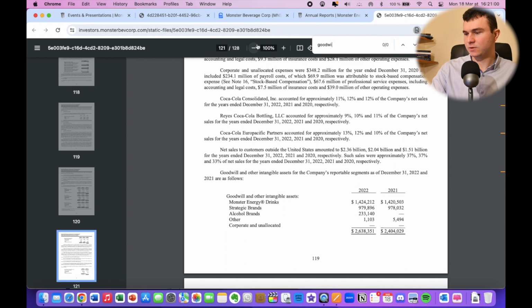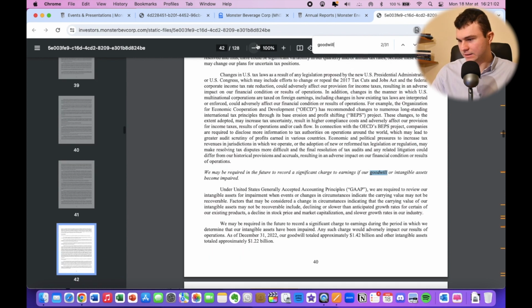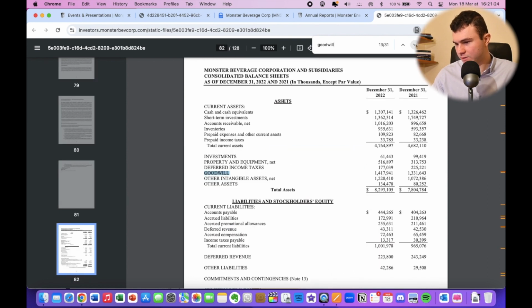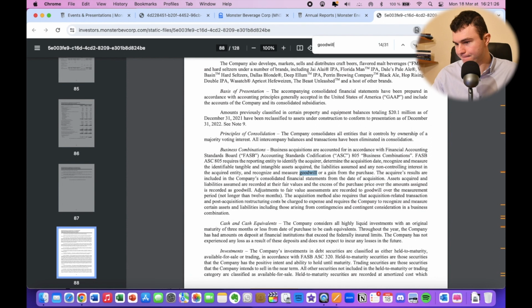Let's see what we have for goodwill. What do they say? The company records goodwill when the consideration paid for an acquisition exceeds the fair value of the net tangible and intangible assets acquired. So the premium you pay. Okay, very well. Let's continue. Goodwill is 1.5 billion.